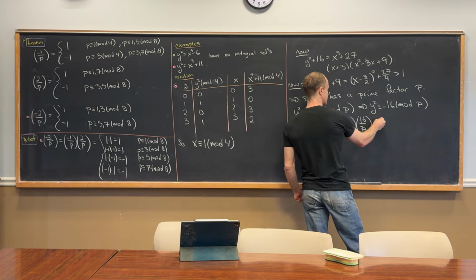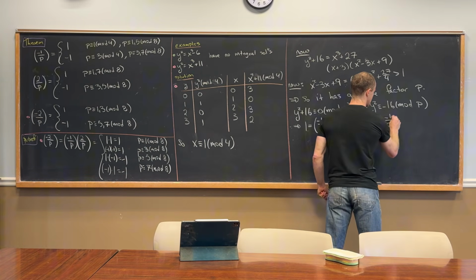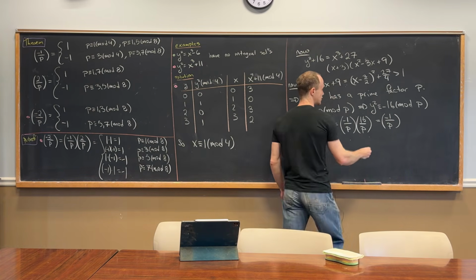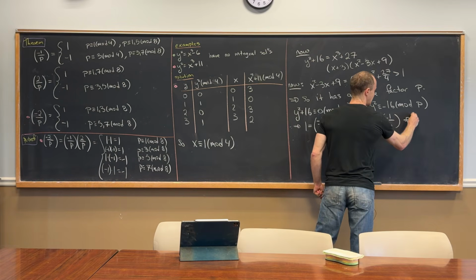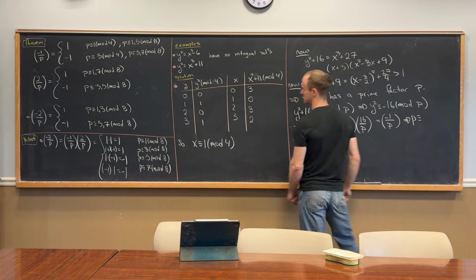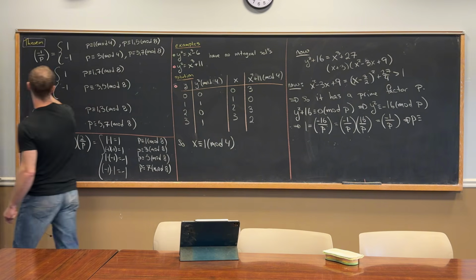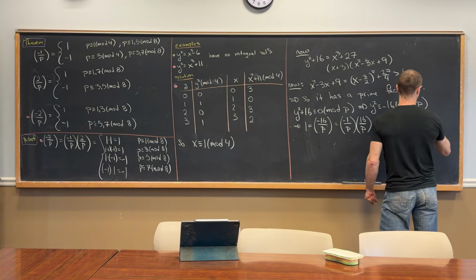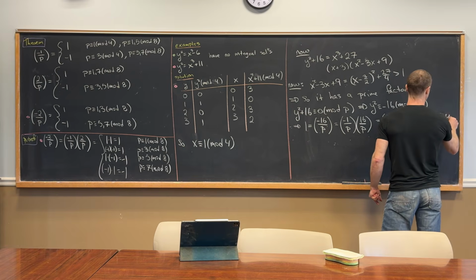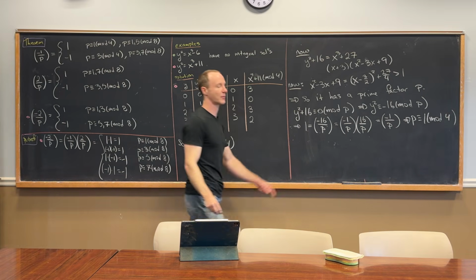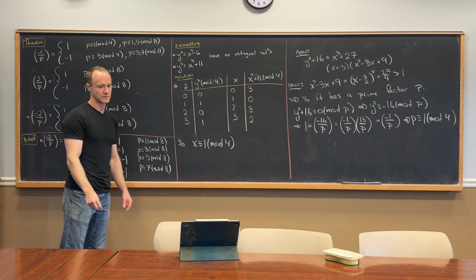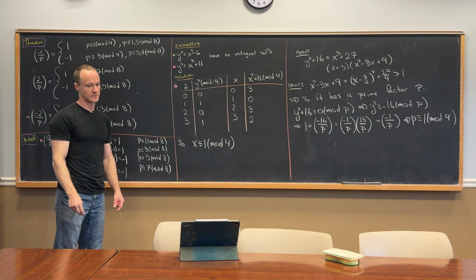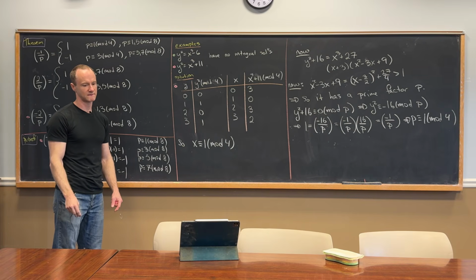So this gives us just the Legendre symbol minus 1 by p, which tells us p is congruent to what? Yeah, 1 mod 4. This is the prime that we're factoring out of the completed square of x.